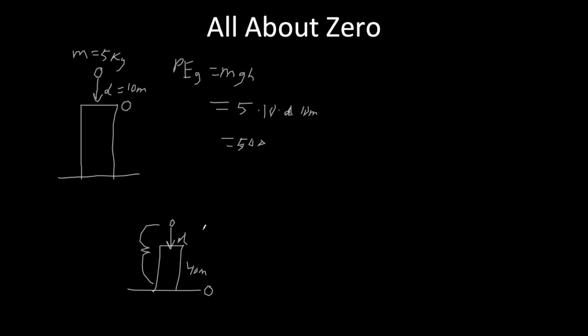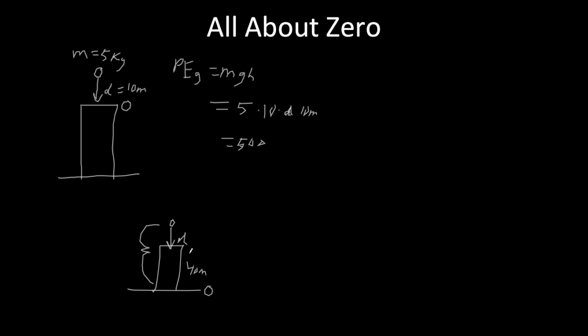And so now if we want to calculate the potential energy of this object relative to the top of the building, we now have to actually do this twice. We have to calculate the potential energy of the object relative to the ground, since that's what we're defining as 0, minus the potential energy, if you will, of the object as it's resting on the top.